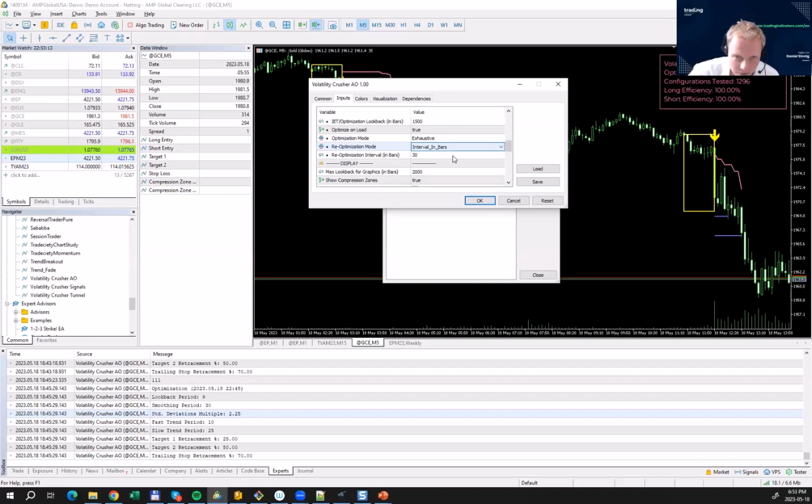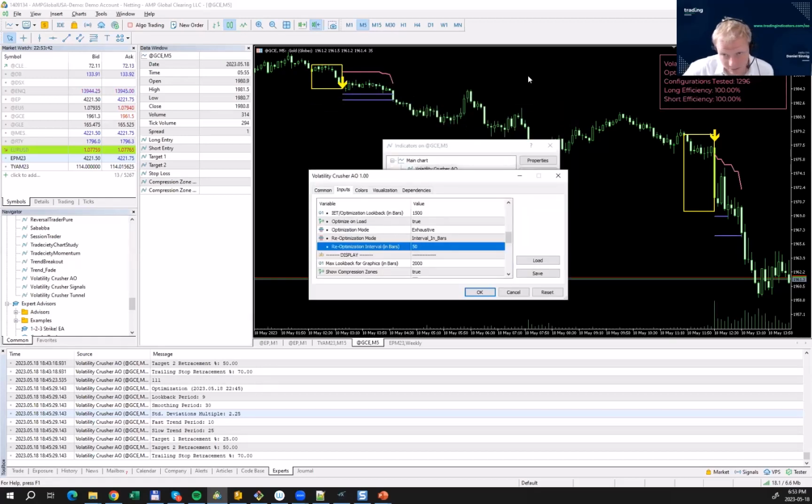It means when this feature is enabled, that every 30 bars, as you can see by this parameter, the indicator will re-optimize. So every 30 bars or whatever number you enter, maybe 50 bars, the indicator will re-optimize. And as a result of this, it may be that every 50 bars, a new set of parameters may be deemed optimal, and therefore previously printed signals may disappear, and perhaps new signals may reoccur because now a different configuration for the indicator was used.